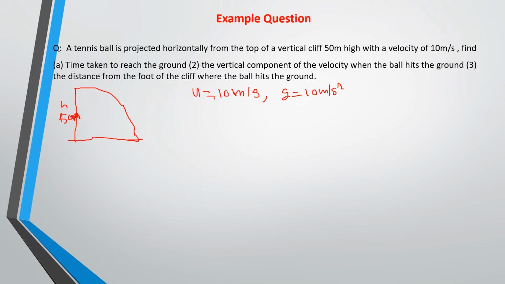So from the equation we got, time is equal to the square root of 2h all over g. That is the beauty of the equation, so try to remember them. Just substitute into this equation. You are given h to be 50 meters. So you have the square root of 2 times 50 all over 10.